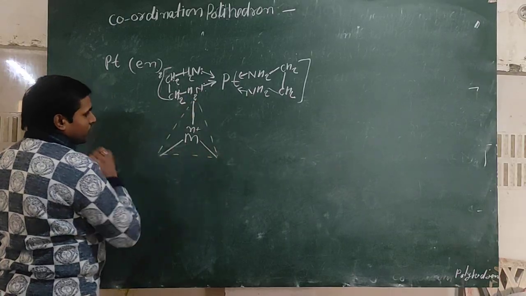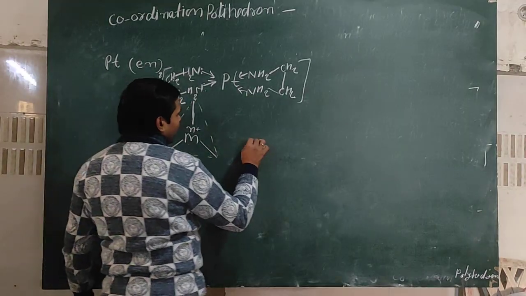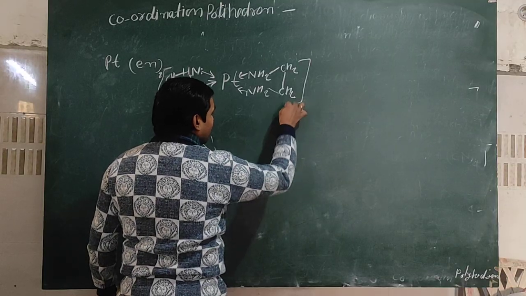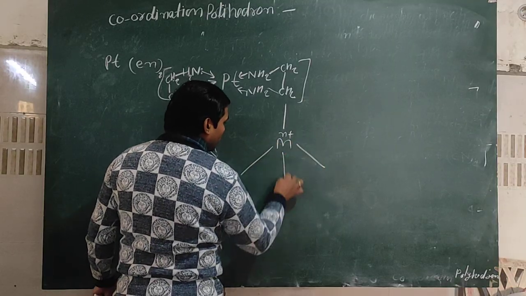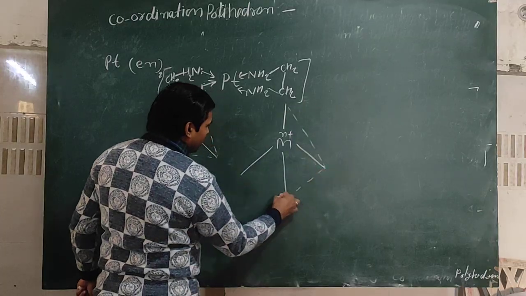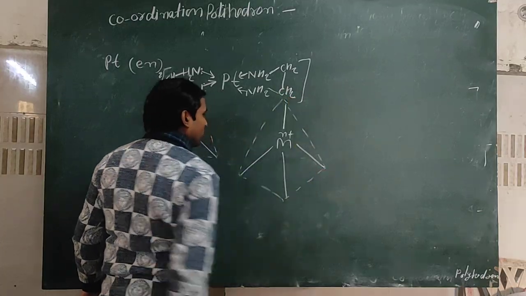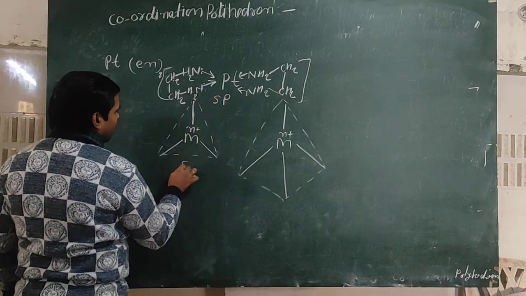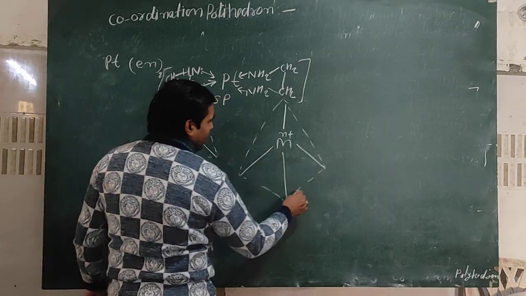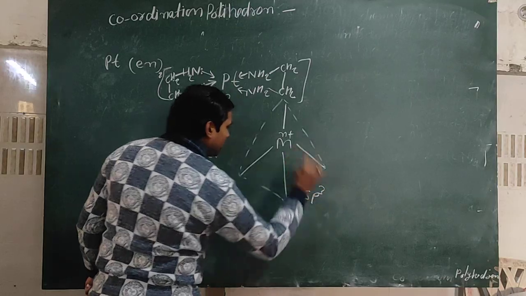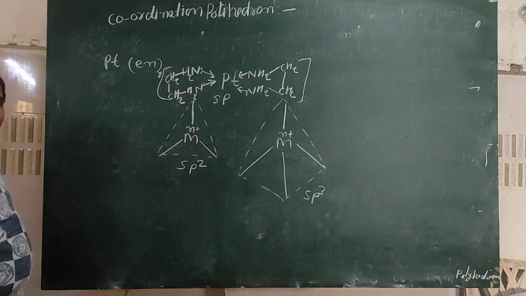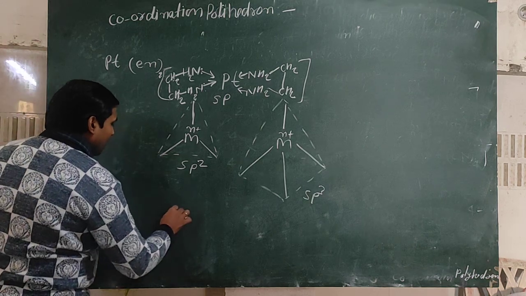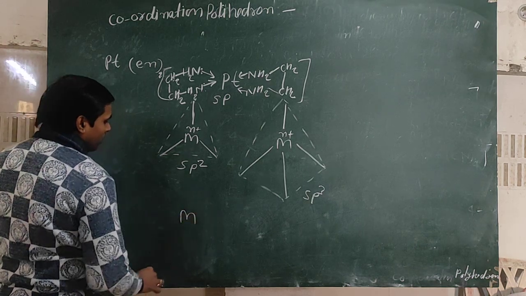Some compounds have tetrahedral structure. In the complex, here sp hybridization, here sp2 hybridization, and here sp3 hybridization is possible.